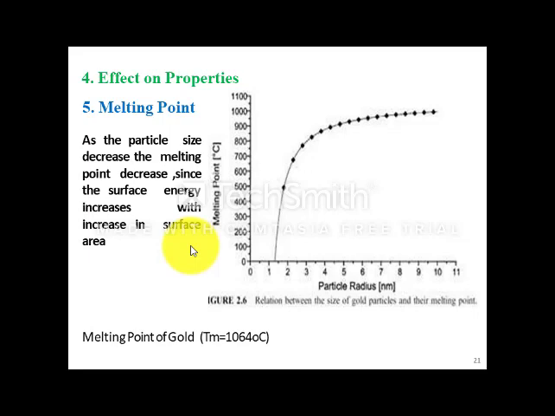We have already discussed earlier that when we go to nanoscale, we get a very high surface area to volume ratio. The nanoparticles have their surfaces more exposed to the external environment.